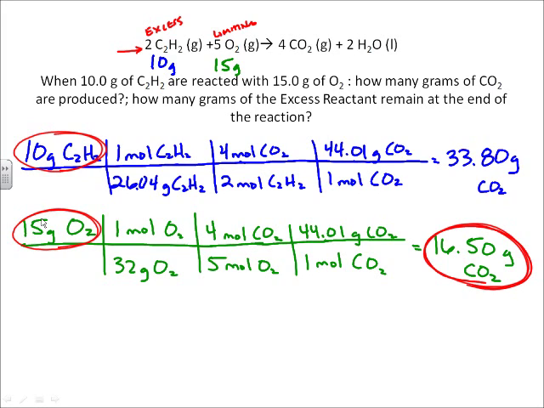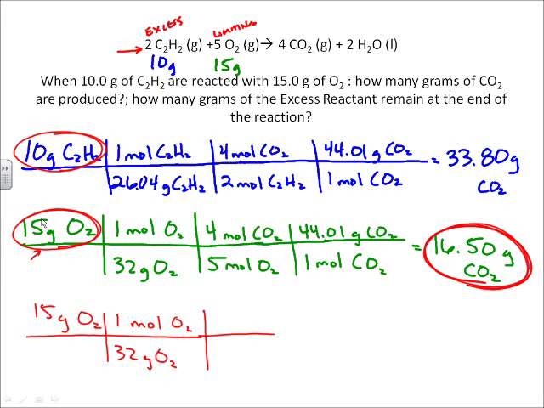So I'm going to do the second one. I'm going to use this value here. So what I'm going to do is take 15 grams of oxygen and find out how much of the C2H2 I need in order to use up all of that. So I'm going to just do a stoich problem. So if I go from grams of oxygen to grams of C2H2, it'll tell me how much of the C2H2 I use in that reaction. So we're going to keep going through here.